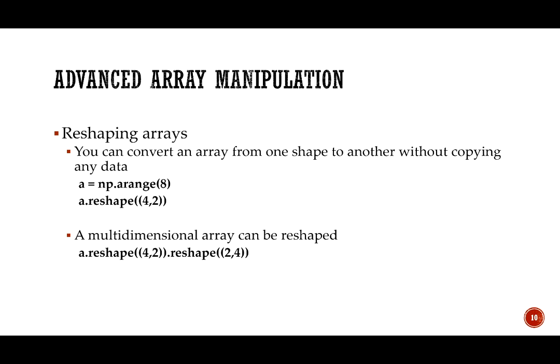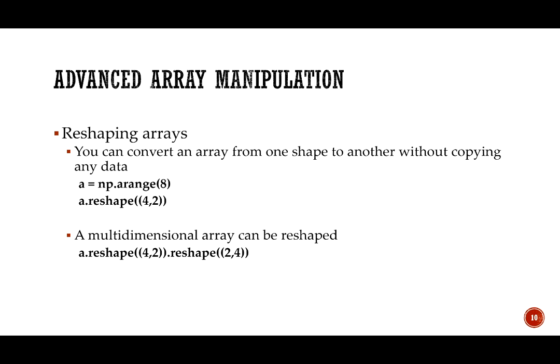In this example, we are using the arange method. We generate a one-dimensional array with 8 elements, and then we use the reshape method. We want to make it a 4x2 matrix, and you just pass 4 and 2.